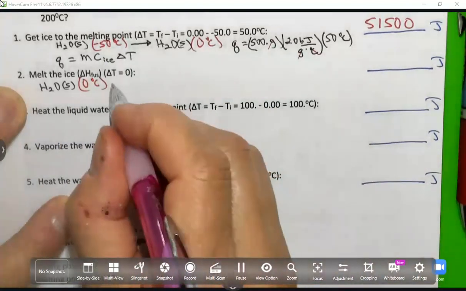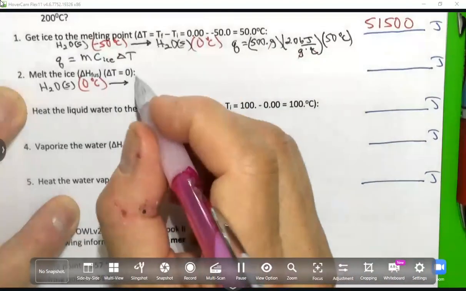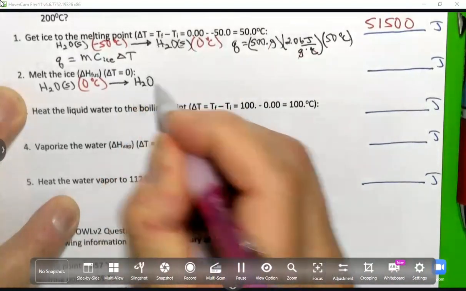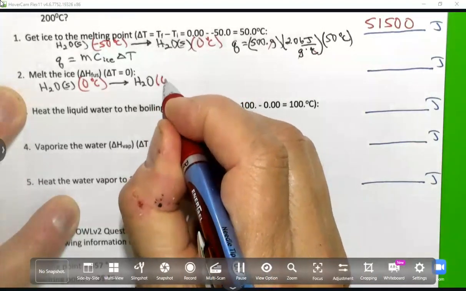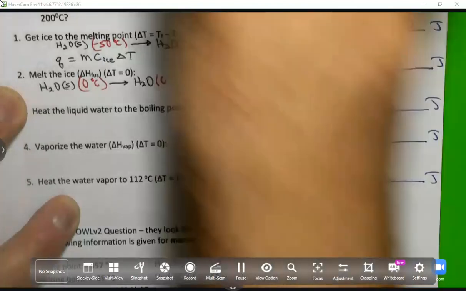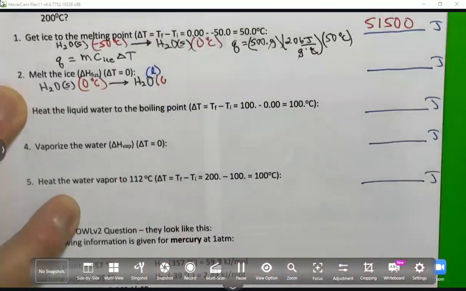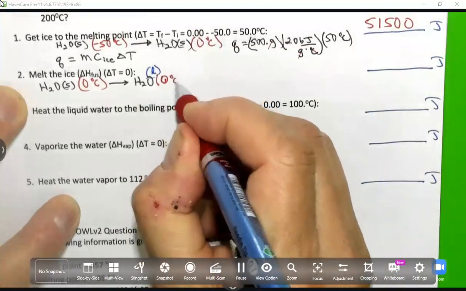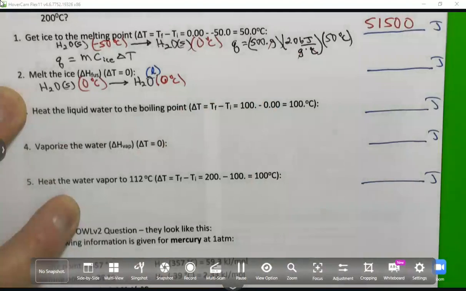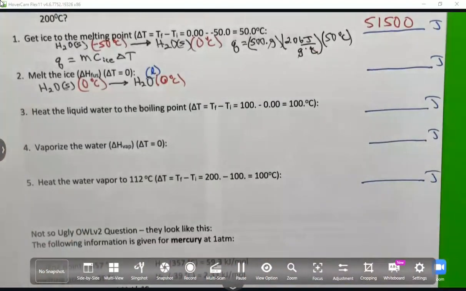I want to get H2O liquid at 0 degrees Celsius. Meaning I just have to melt it, right? I need to add energy to melt my ice.